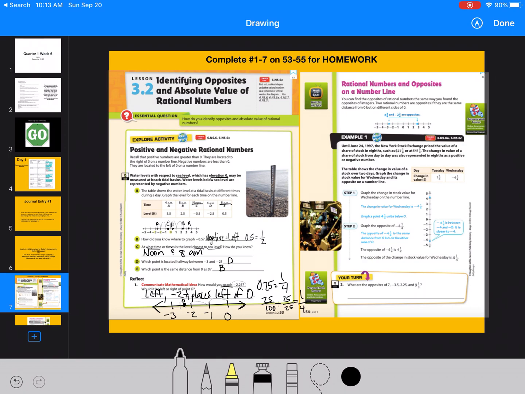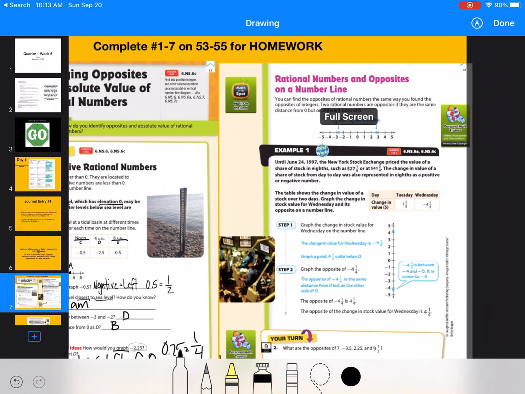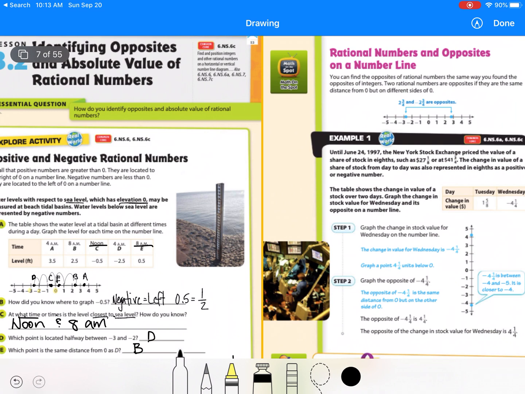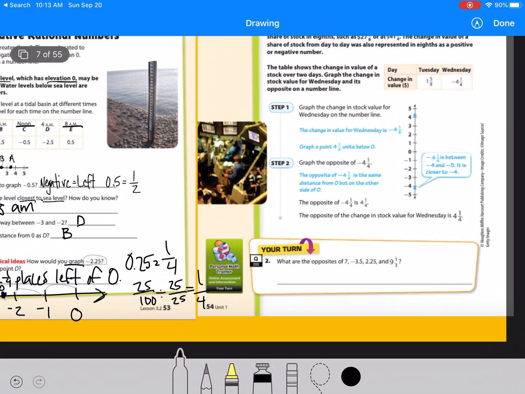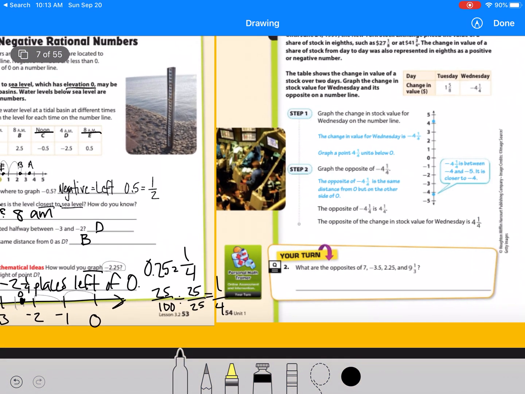Now let's look. Rational numbers and opposites on a number line. If you remember us doing opposites, all you do for an opposite is you change the sign. They are equal distances from 0. So whether it's a fraction, a decimal, whatever, you change the sign. So if we look at number 2, what are opposites of, and then they list out some numbers. So for positive 7, the opposite is negative 7. We change the sign.